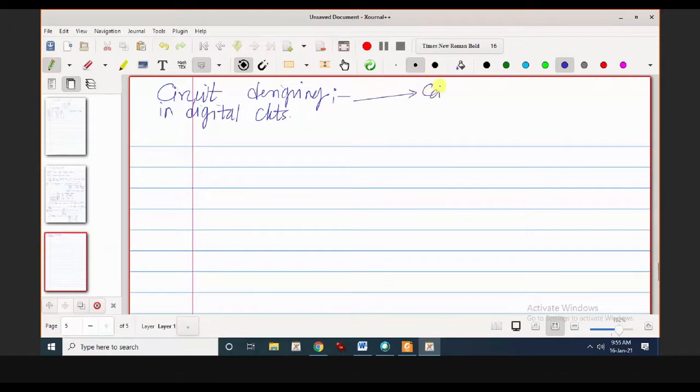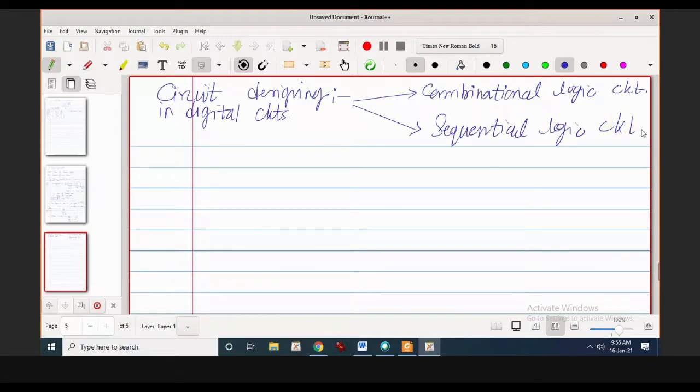One is combinational logic circuit designing, and the second one is sequential logic circuit design. We already talked about this; now we are giving it a more formal introduction.